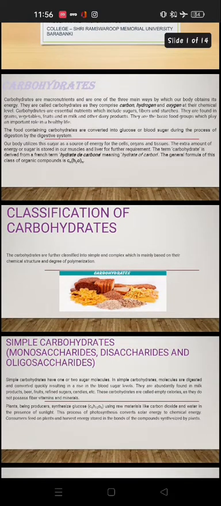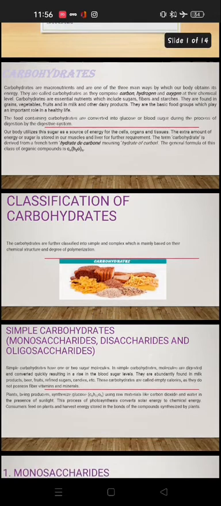The extra energy or sugar is stored in our muscles and liver for further requirement. The term carbohydrate is derived from a French term, hydrate de carbone, meaning hydrate of carbon.